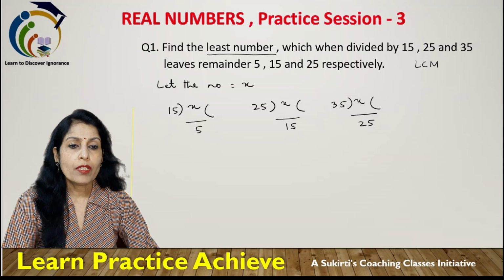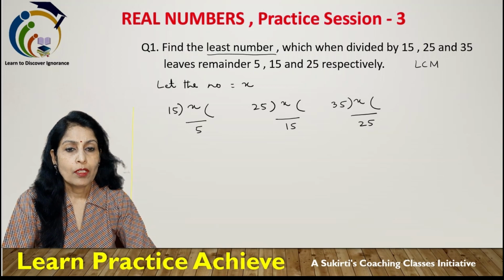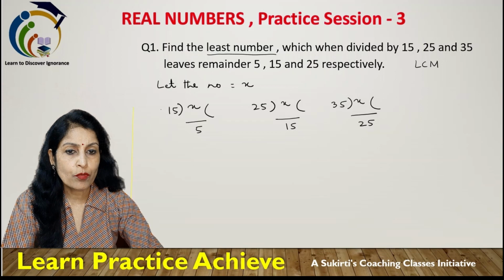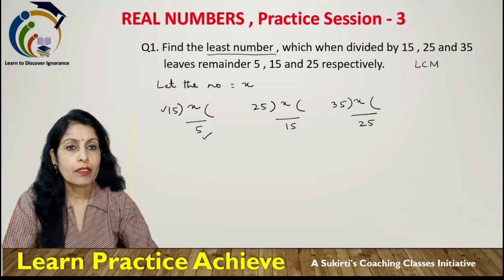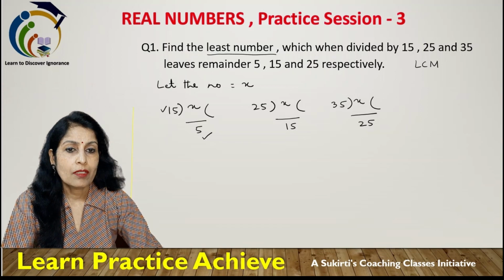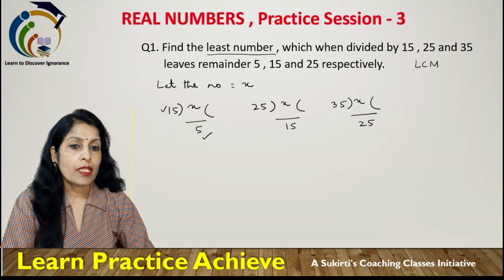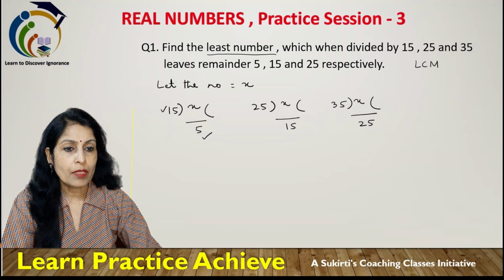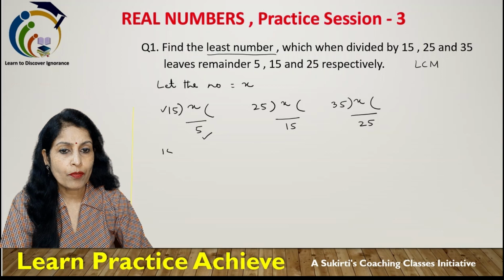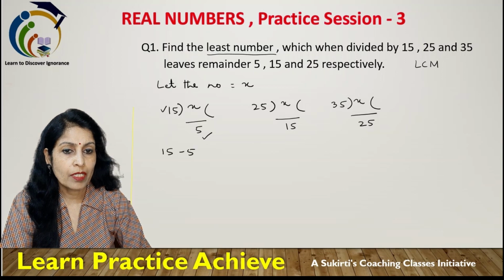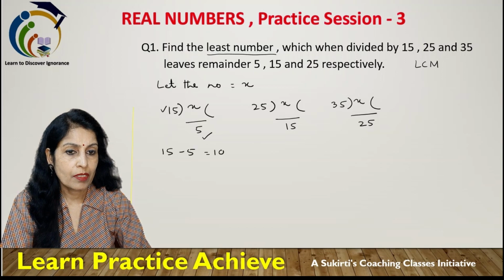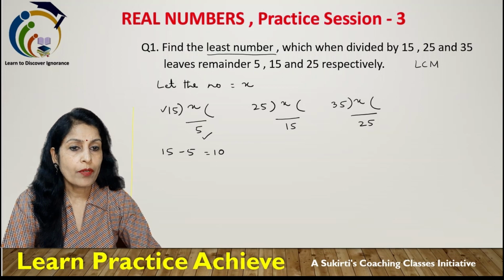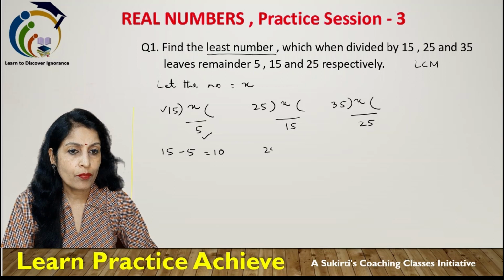Okay. If you see all these three divisions, do you find any relation between the divisor and the remainder? Yes. What is that relation? 15 and 5: if we subtract, we get 10. Again 25 minus 15, we get 10.